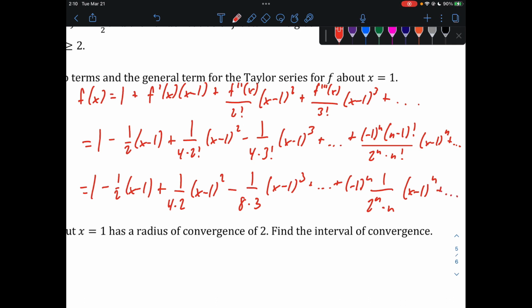I personally think the second way was a lot easier. It took me a little while to figure out the first pattern. So I like the second one a lot better than the first one, but both are correct.